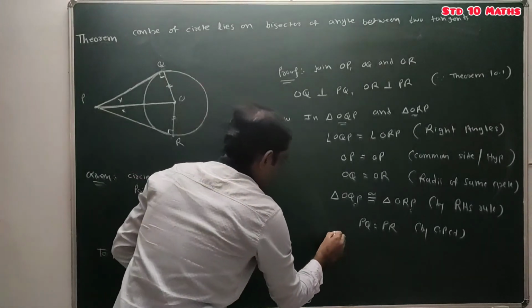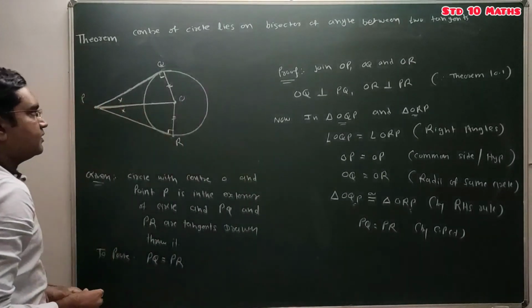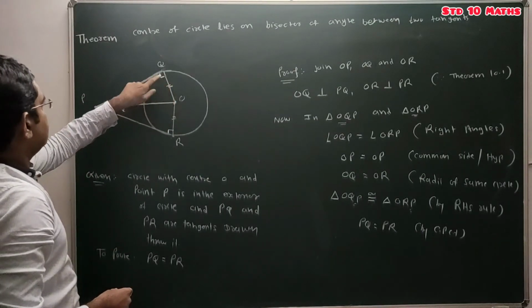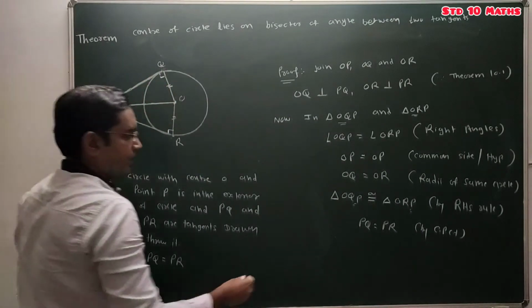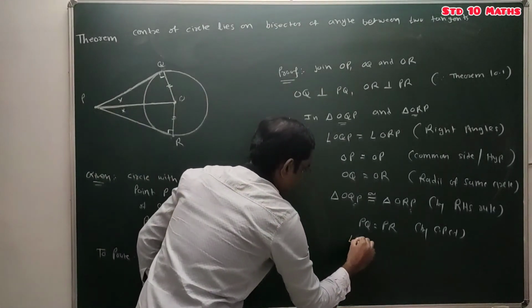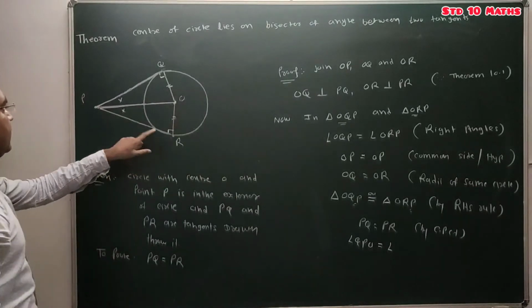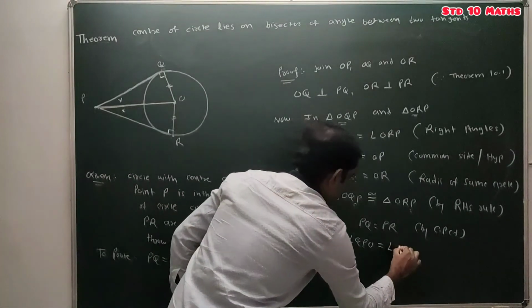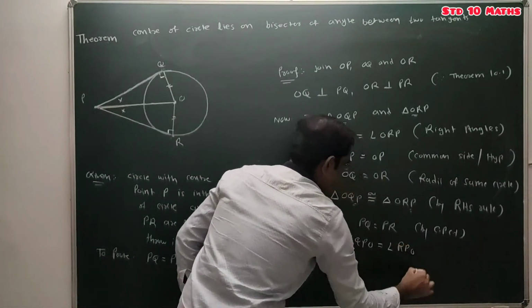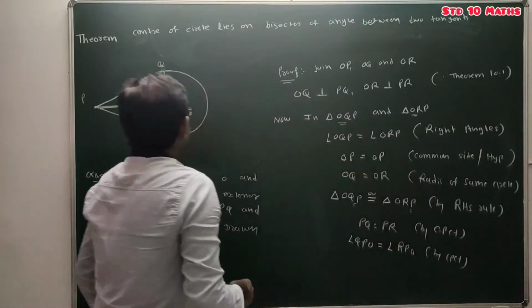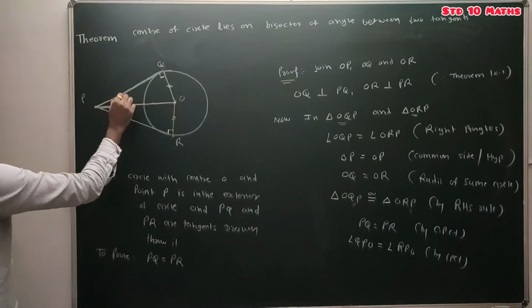So here we can add one more result, that is angle QPO is equal to angle RPO by CPCT. Done. These two triangles are congruent triangles, so corresponding parts are equal.